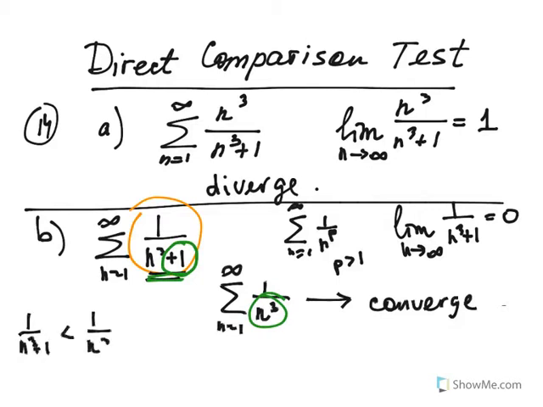Now, this is a perfect analogy I used when I was in high school. I know that 1 over n cubed converges, and that it is greater than 1 over n cubed plus 1. So let's say this one is 1 over n cubed, and this one, 1 over n cubed plus 1, is smaller.